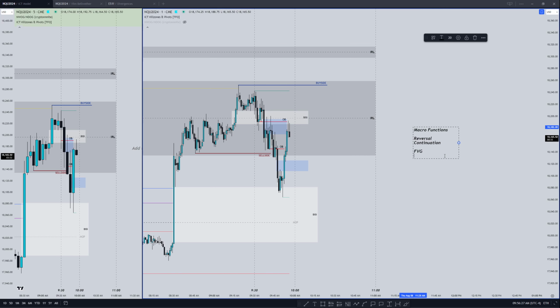So we'll say fair value gap to liquidity if it's continuing. And it's going to go from liquidity to, it doesn't always have to go from liquidity to imbalance, but liquidity. The reversal could be anywhere, to be honest, so I'm not going to label that.